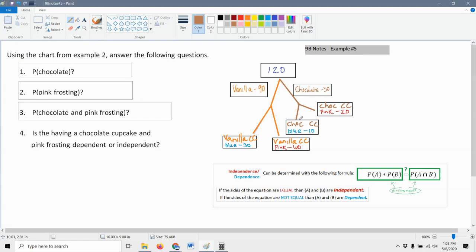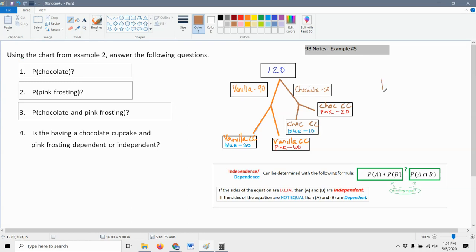Here's our chocolate cupcakes. We've got 10 of them that have blue frosting and 20 of them with pink frosting. This box is just saying, well, when I add up the two different boxes below me, it makes 30. And then up here, it's saying, well, if I add up my vanilla ones and my chocolate ones, I get 120. And remember, this is our big total.